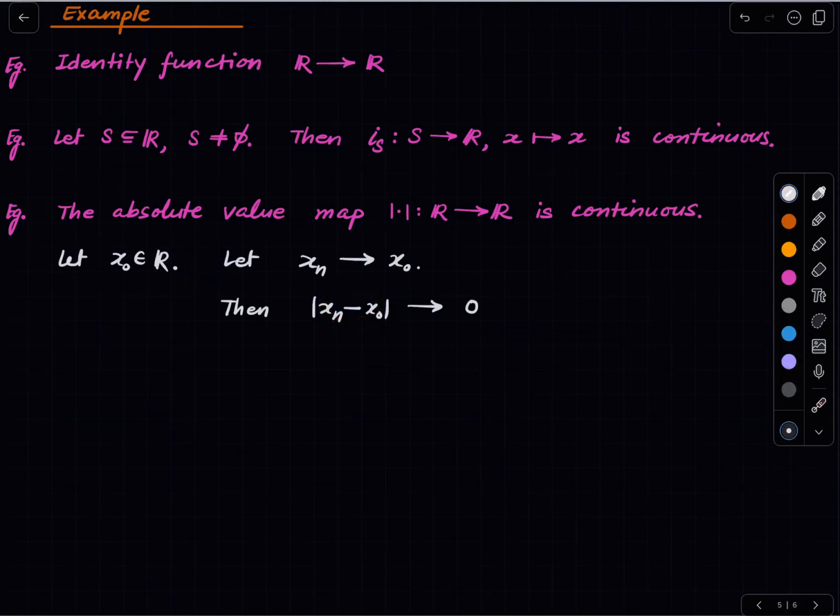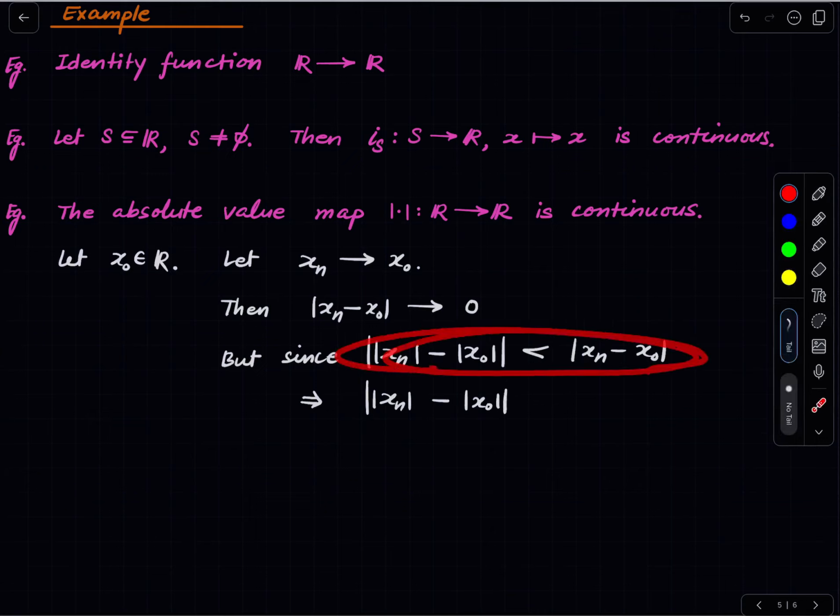That implies, since this is less than that, this is a general fact about absolute values, we get that this also converges to 0.